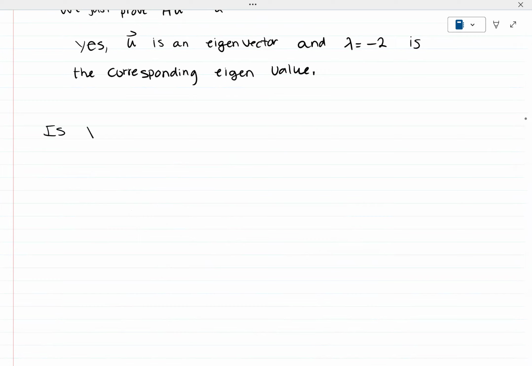So is vector v an eigenvector? What they're saying is, does A times vector x equal lambda times vector v?